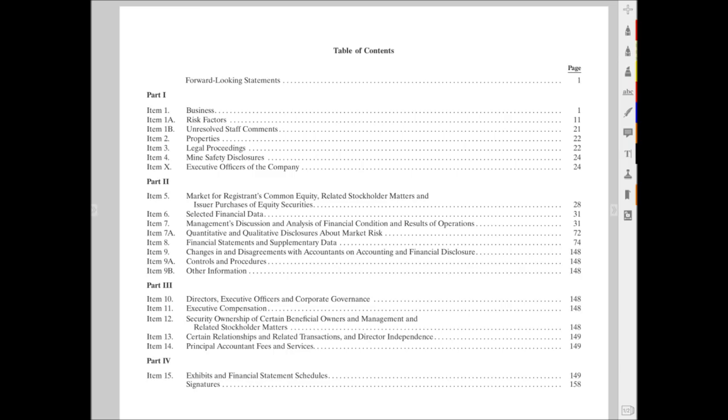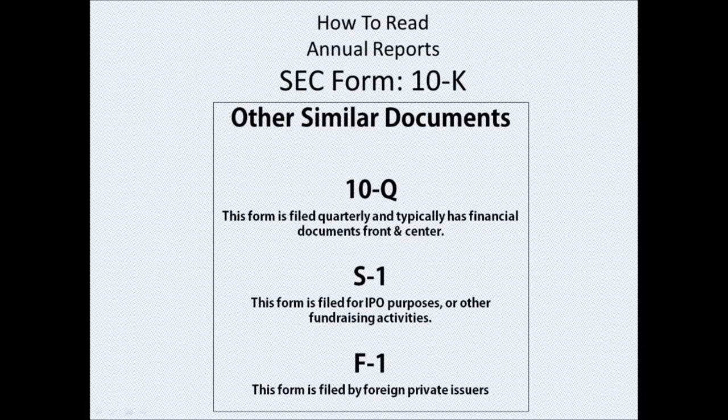Second page is a table of contents. I'm not going to go through this entire document. Obviously, you don't need me going through pages like the table of contents for you. However, what I did want to point out about the table of contents page is once you get comfortable reading and interpreting these annual reports and these 10-Ks, and as you'll find out, 10-Ks are very similar to 10-Qs and S-1 filings, and even 8-Ks can be similar.